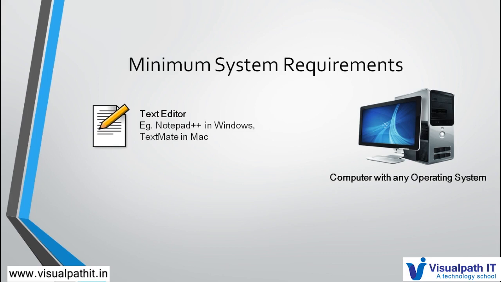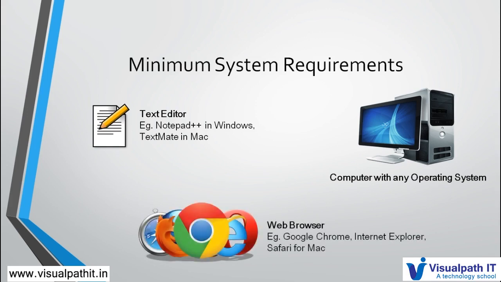For every editor you need an operating system. It could be Windows, Linux, or Mac. For output, we need a web browser, for example Google Chrome, Internet Explorer, or Safari for Mac.